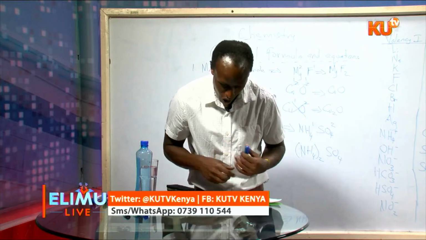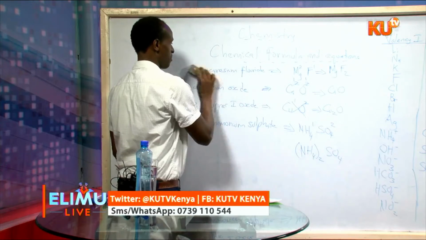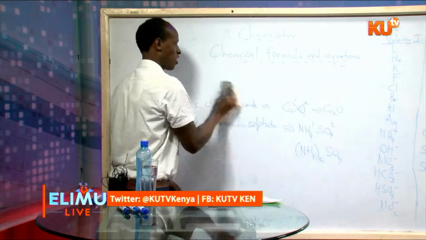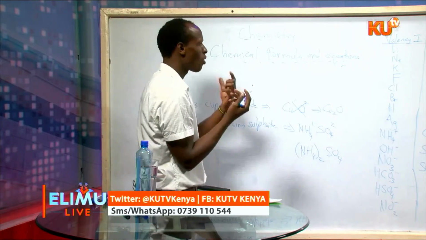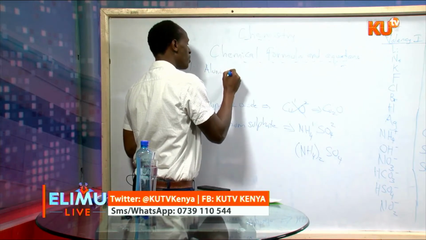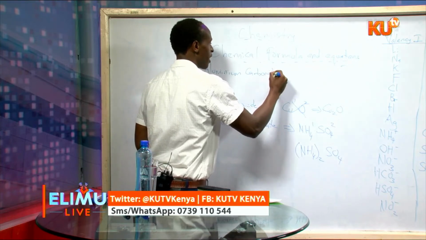Let me give you now aluminium carbonate. We look at aluminium carbonate. Remind yourself what's the symbol of aluminium and what's the symbol of carbonate. That's the first step you need to start with so that you can get the correct formula.